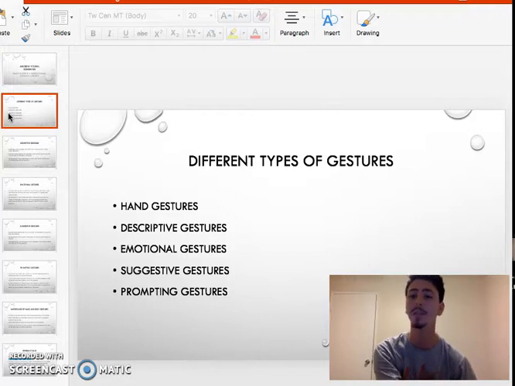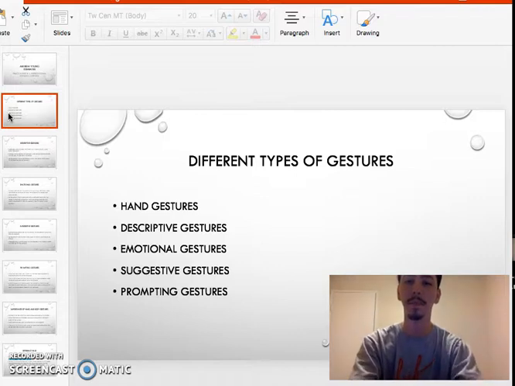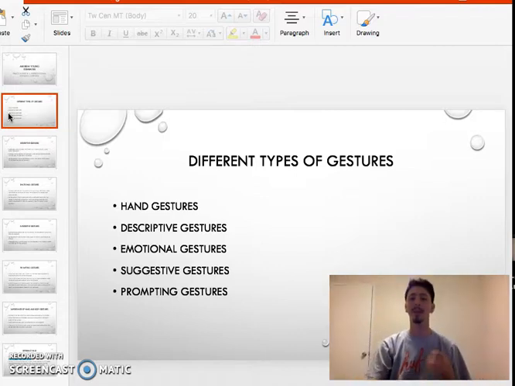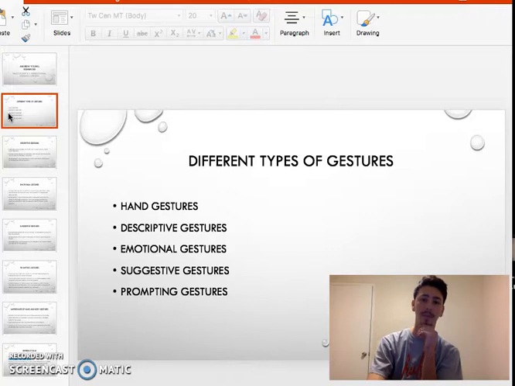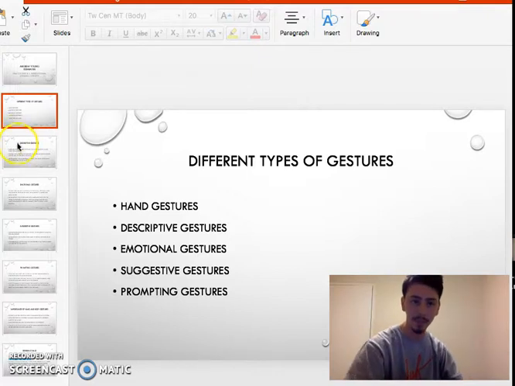These are a very good way to get the audience to understand how you feel and your emotion. Suggestive gestures, I don't really use those too much. However, I do think they can be very good as well. And last but not least, by far my favorite, is prompting gestures. So now let's get into it.